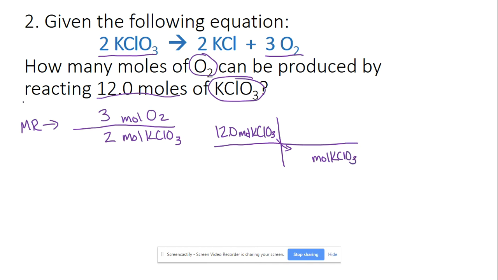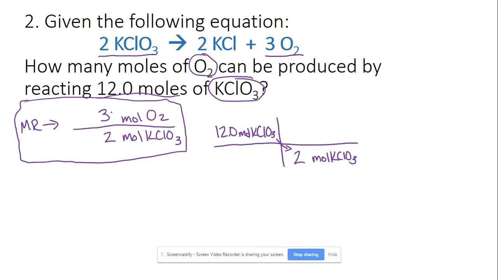Now, we only have the mole ratio for this problem, so we don't need to figure out, are we using the mole ratio? Are we using the molar mass? If we look over here, we have 2 moles with KClO3, so we're going to put a 2 with that. And it doesn't matter what's in the top or bottom when we're plugging in, because this ratio is always equal.